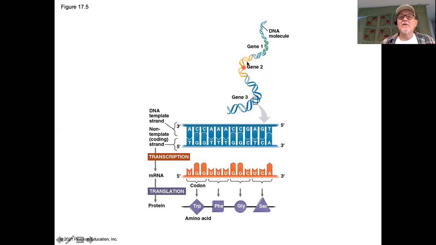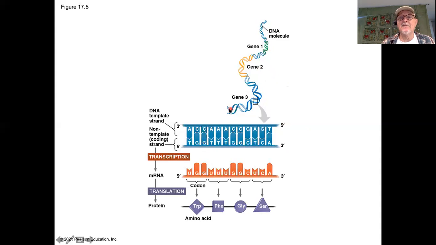If we move to another gene, it doesn't have to be the same. It could be the other strand. If we move up the chromosome to an entirely different gene, we may find that this now becomes the template strand, the opposite of this arrangement here.